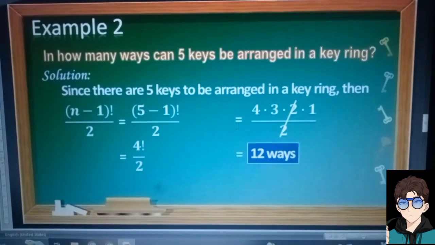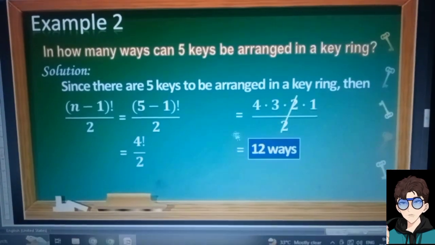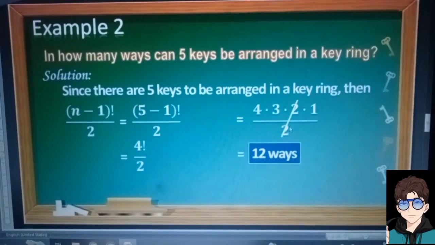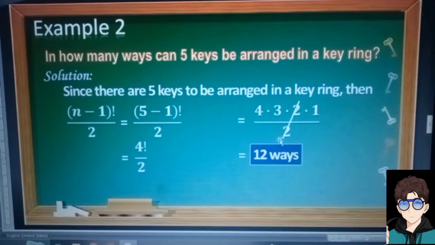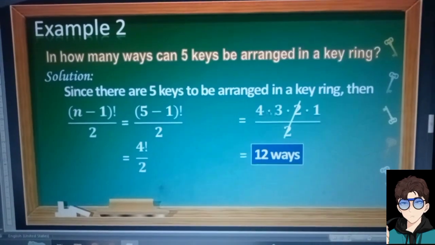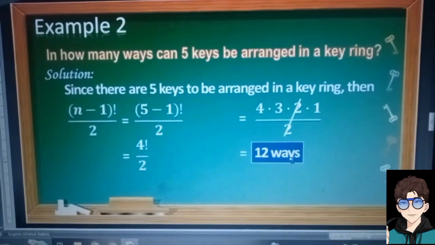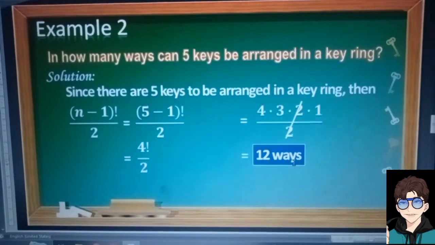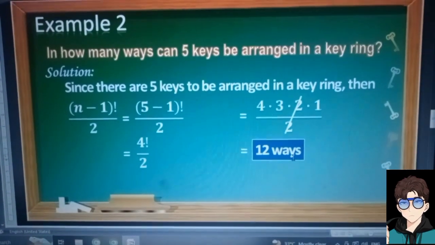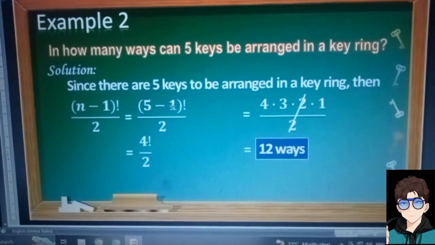Evaluating, 4 factorial is 4 times 3 times 2 times 1, and you cross out with the denominator 2. The remaining numbers in the numerator are 4 times 3 times 1, which gives us 12 ways. So 5 keys can be arranged in a keyring in 12 ways.